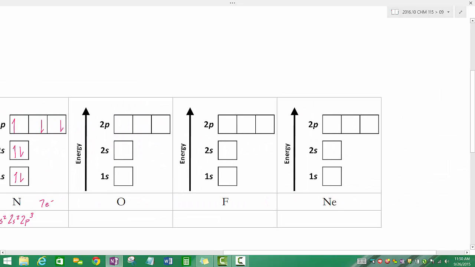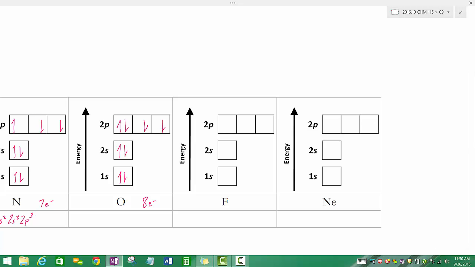Now, when we get to oxygen, we notice that there are going to be 8 electrons and no more vacant orbitals. 6, 7, 8. So they have to pair up at this point. Now the energy goes up a little bit because we have more electron repulsion here. 1s2, 2s2, 2p4.